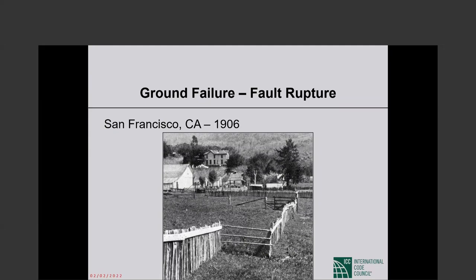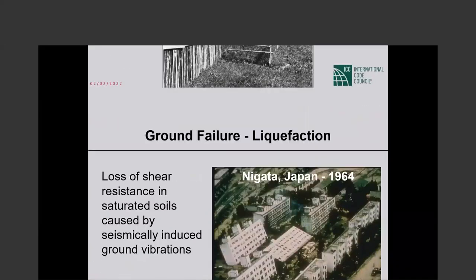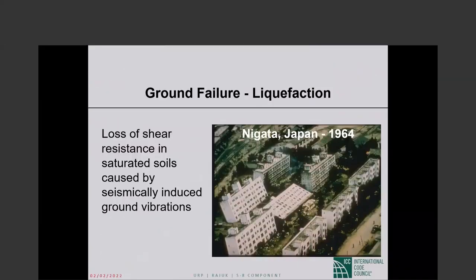So part of the house was here, including a partial bedroom, and the remainder of the house with the remainder of the bedroom was some distance away because of fault rupture. These things actually have happened. No question.